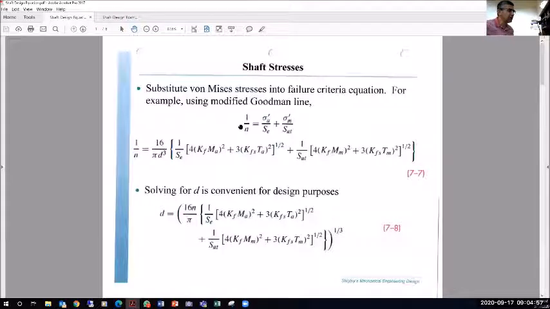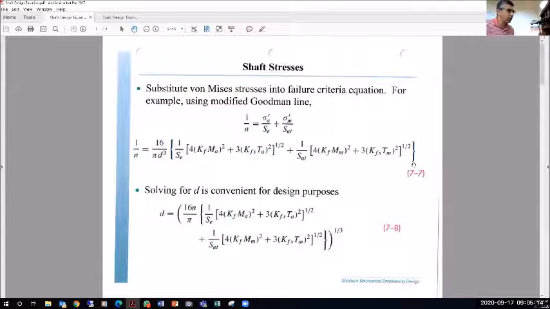So when we calculated the shaft stresses, we were able to calculate a design factor. Without simplifying, you get equation 7-7. So you see here I have 1 over n is equal to sigma prime A over Se plus sigma prime M over Sut.